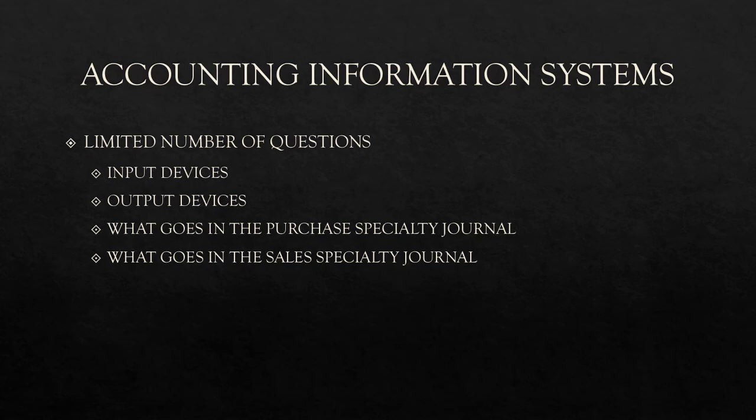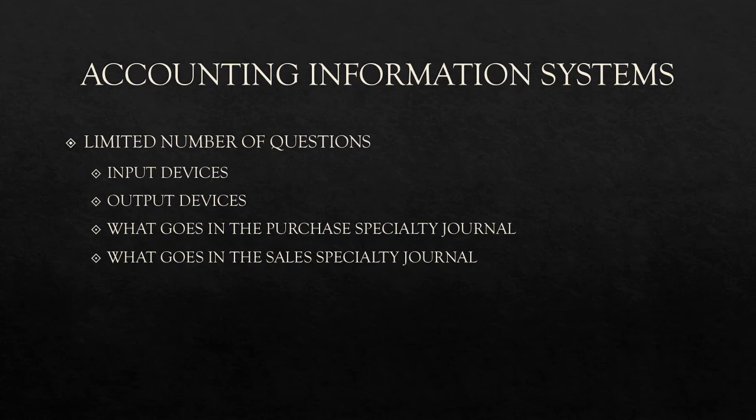I might ask you what goes into a purchase journal. It's a specialty journal, of course, and the only thing that goes into purchase journals are accounts payable and purchases of merchandise. And if I ask you anything about a sales specialty journal, of course, that's an accounts receivable and a sales, because it only records those things that go on credit.